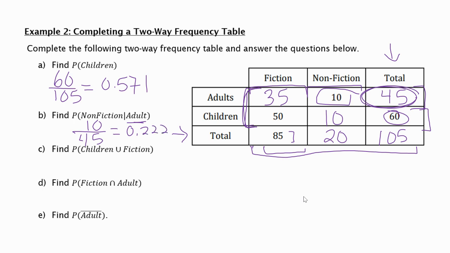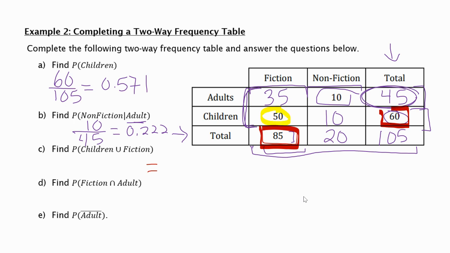Next is the probability that they are a child or that they chose fiction. This one requires making sure you're not double counting. 85 people chose fiction, and 60 of them are children, but we don't want to count that intersection, 50, twice.